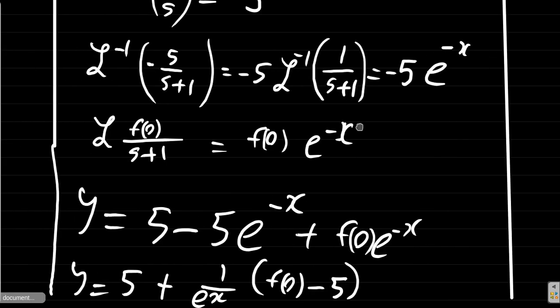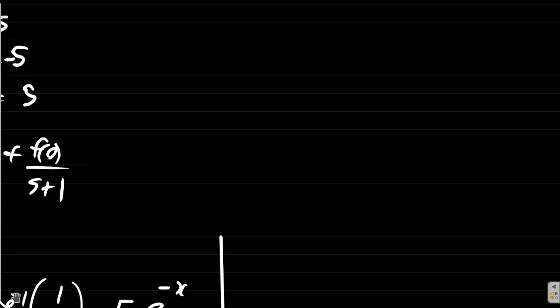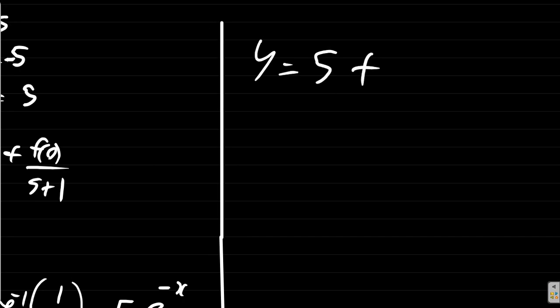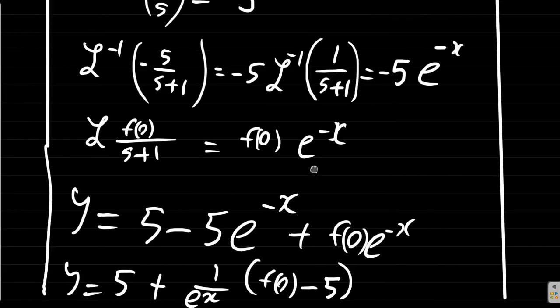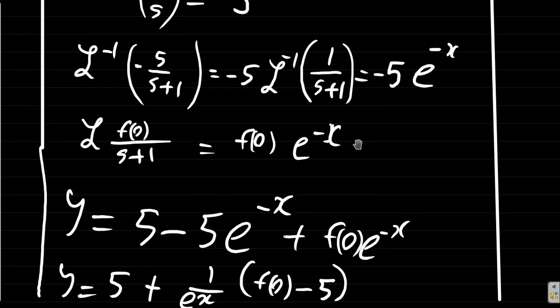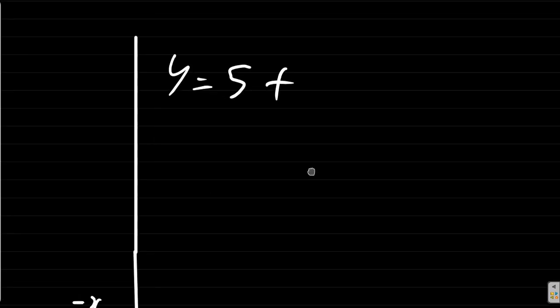So y equals 5 plus f of 0 minus 5 over e to the x.